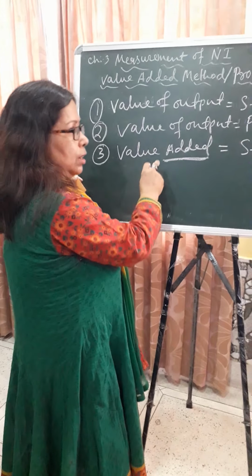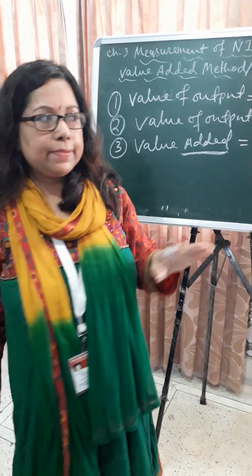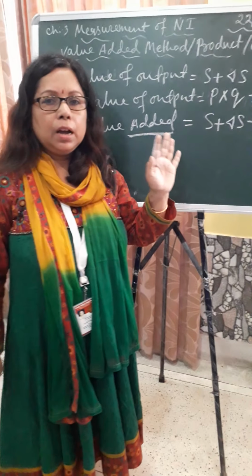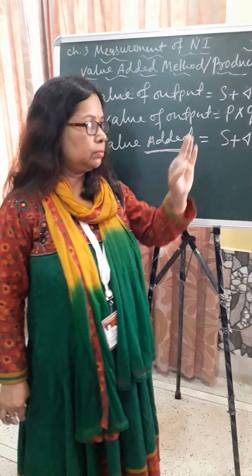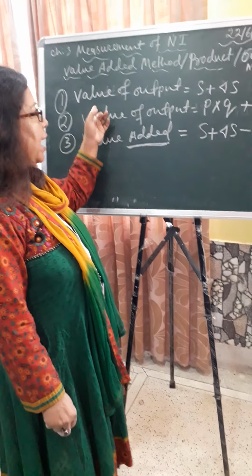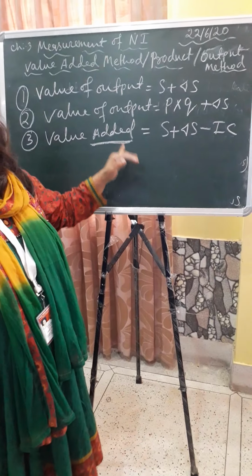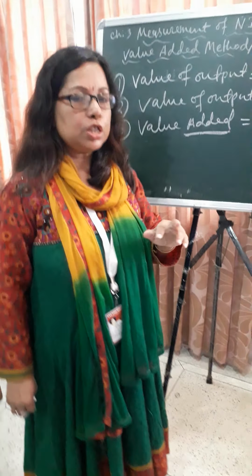Now one thing is that in the value added method we have seen that the producer produces the quantity, and the value added method is totally called gross value added. Gross value added.